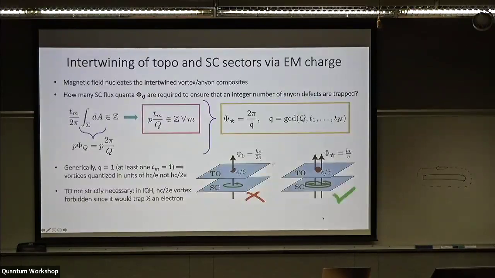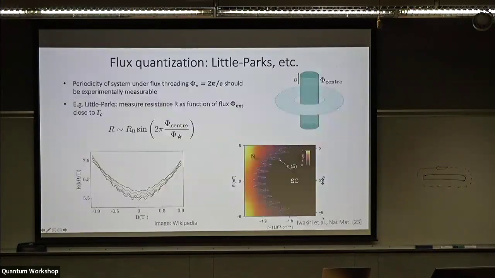Okay. So this is something that is measurable. I've changed the flux quantization in the superconductor, so the periodicity of your system under flux threading should be something you can see. For instance, in a Little-Parks experiment, if you track the resistance as a function of some flux threaded to the center, it should have periodicity of phi star.